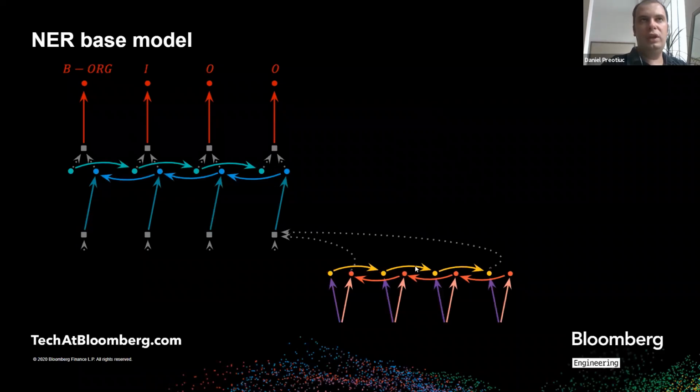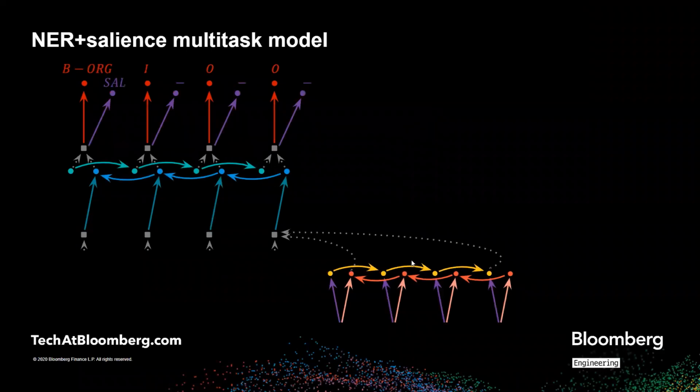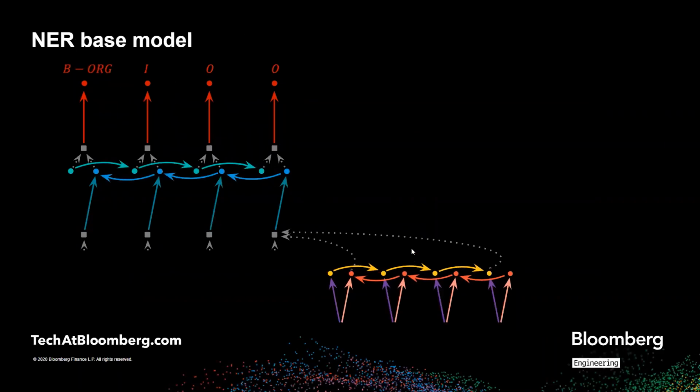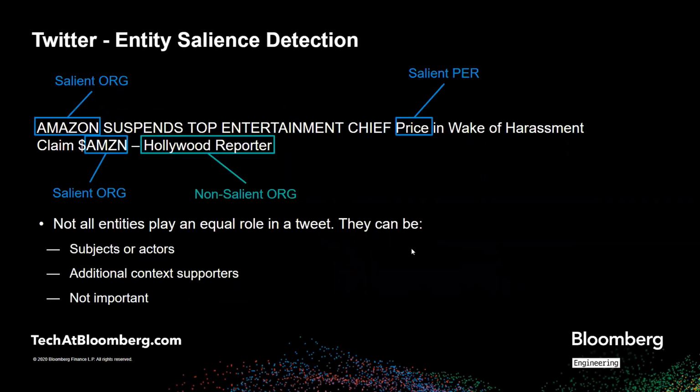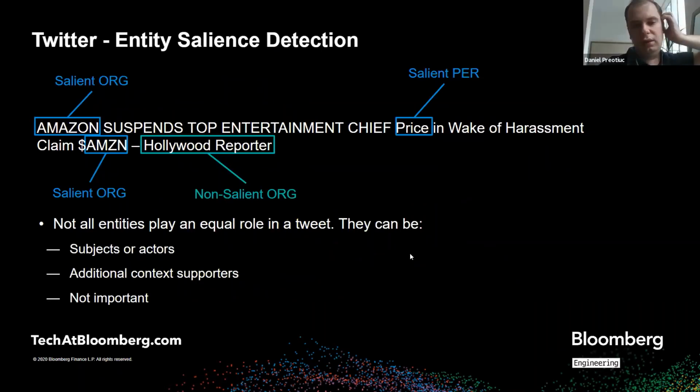And for modeling this, just a question: is this task similar to a role level? It is related. I would say it's related because, if you're looking at this, usually in a tweet you would say, oh, probably the subject or the main actor is going to be salient. But tweets are a bit simplified because we also do this for long news documents, and then you have multiple levels as well, more than 2 levels.